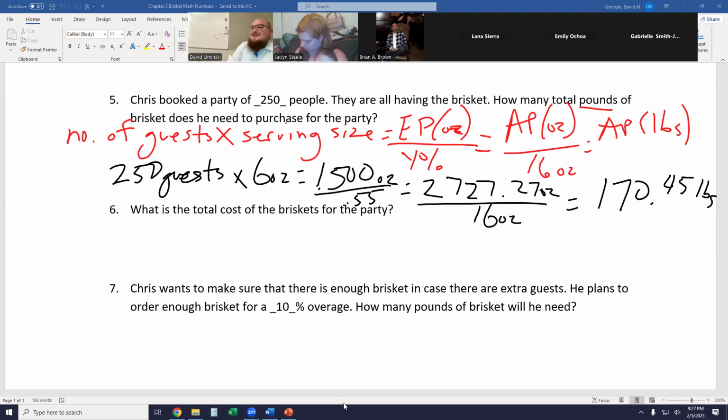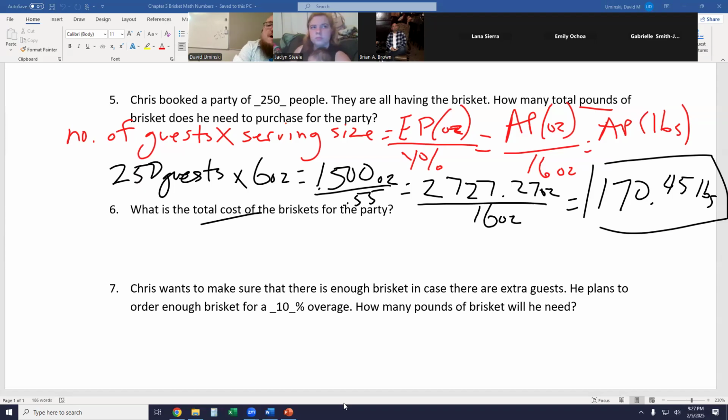That's how many pounds I need to purchase to feed 250 people, 6-ounce portions. Okay. Questions, comments, concerns about this? Yes. Where'd you get the 0.55? That is from the yield factor at the very top. Okay, that's the yield percentage.